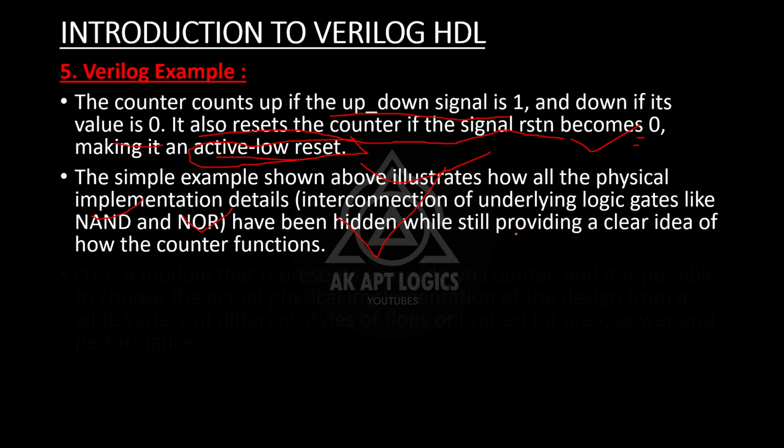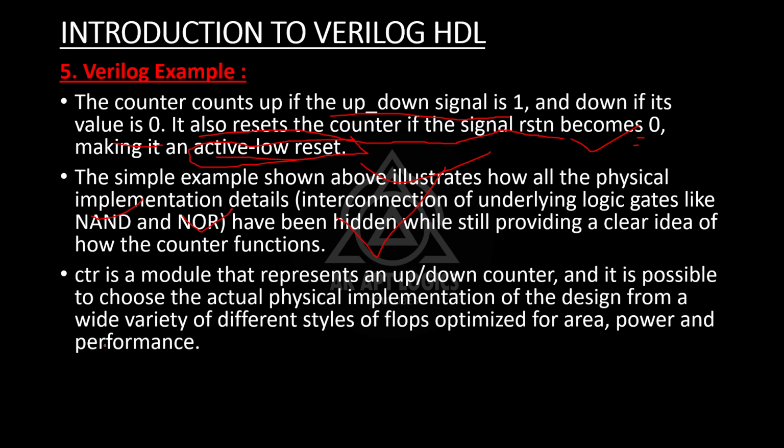CTR is a model that represents an up-down counter. So I have discussed it, right. It is possible to choose the actual physical implementation of the design from a wide variety of different cells optimized for area, power, and performance. So after this, we will convert the design through synthesis into a gate level netlist.